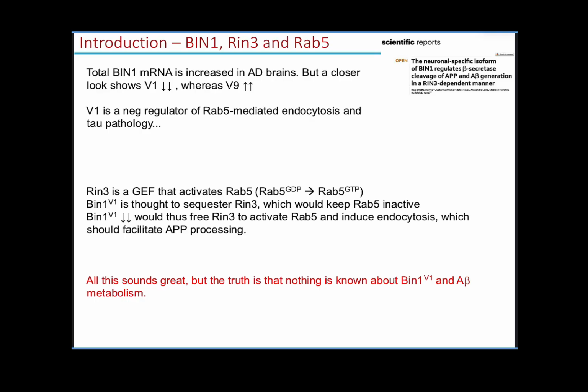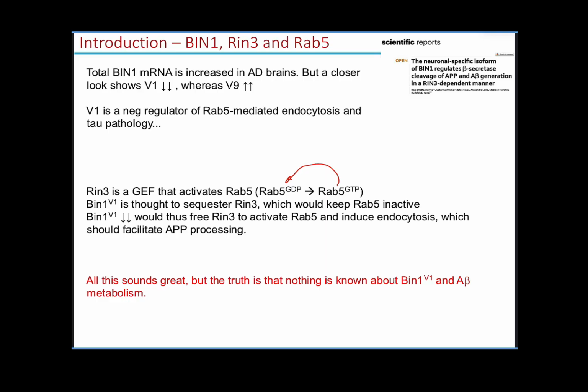Now, G proteins have the ability to hydrolyze the GTP they're bound to, so they can go back to their inactive state by themselves. Sometimes with a little help, but for the most part, they can hydrolyze the GTP they're bound to, and then they go back to their inactive state.